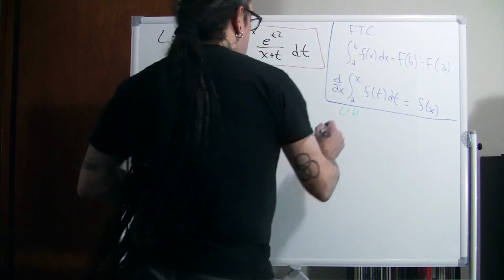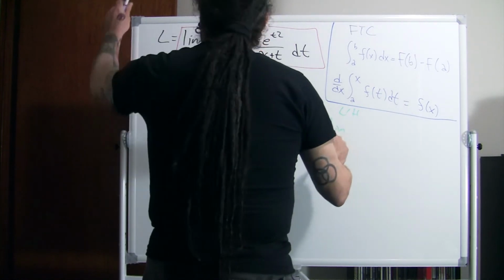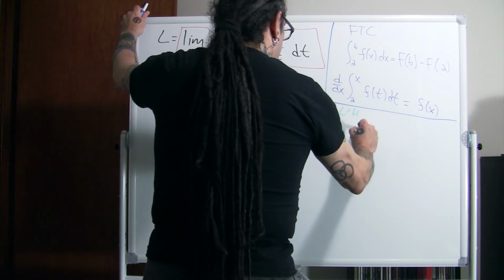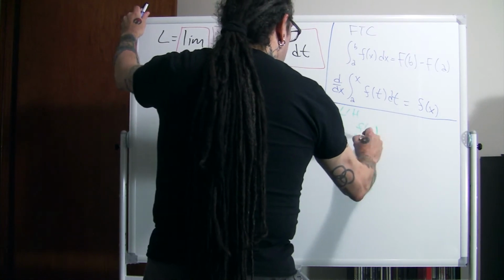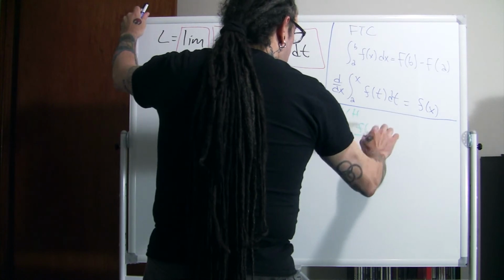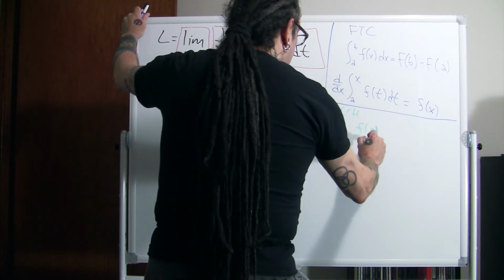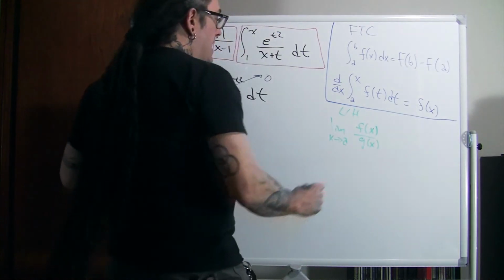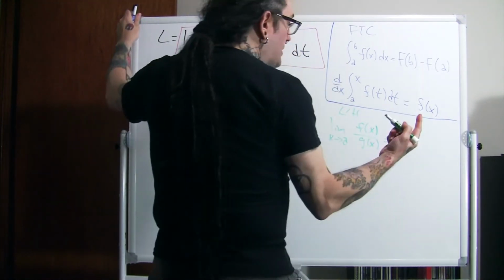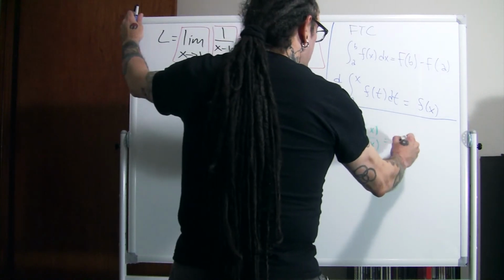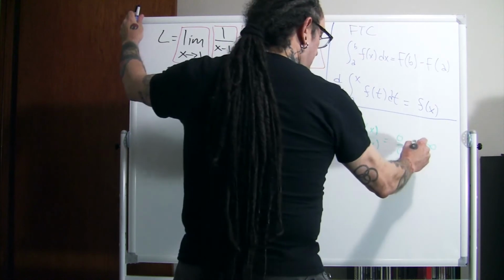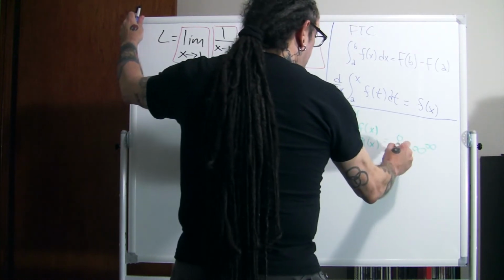L'Hopital's, right? That says that the limit as x goes to a of f of x over g of x, if this produces an indeterminate form, 0 over 0, infinity over infinity, tons of things, right?